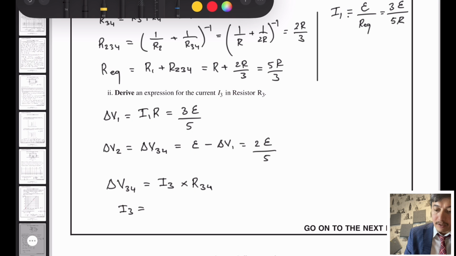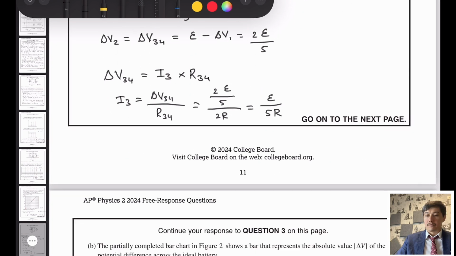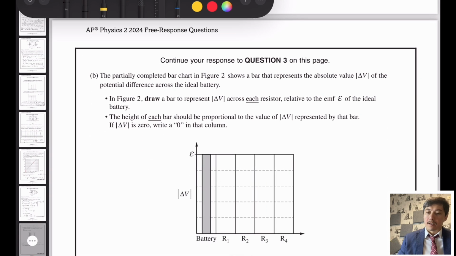I3 is going to be the potential difference divided by resistance, so it's going to be 2 epsilon divided by 5, divided by 2R, so it's going to be epsilon over 5R.